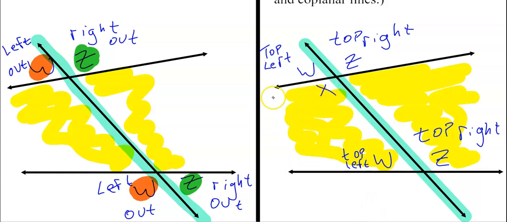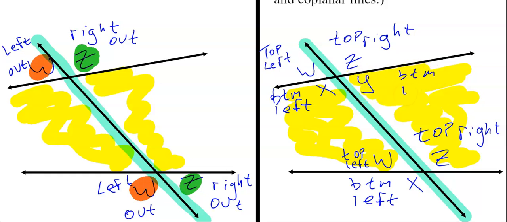I can do X. X is on the bottom left. So the other bottom left is right here. Y is on the bottom right. And Y is on the bottom right.